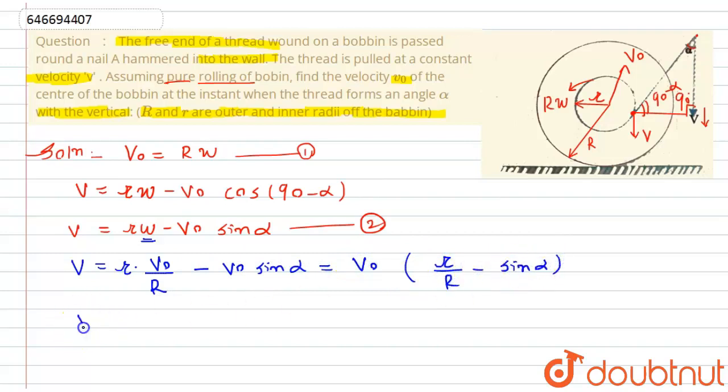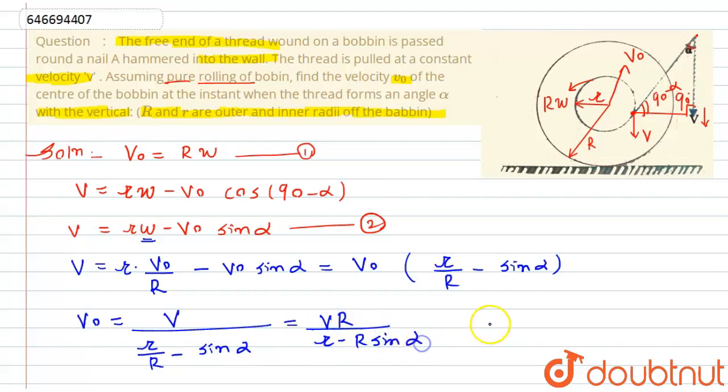From here, v0 will be equal to v divided by (R by r minus sine of alpha). If we simplify it, it becomes v r divided by (R minus r sine of alpha). This is our final answer, which is asked in the question: the velocity v0 of the center of the bobbin. So this is the required solution.